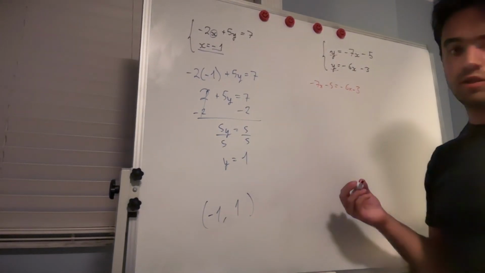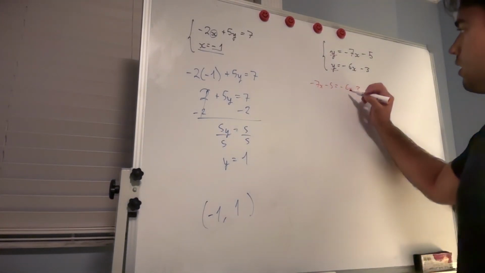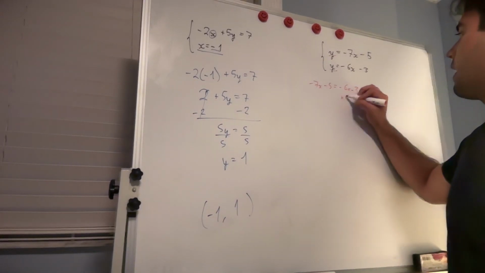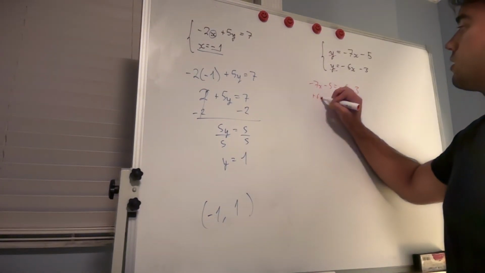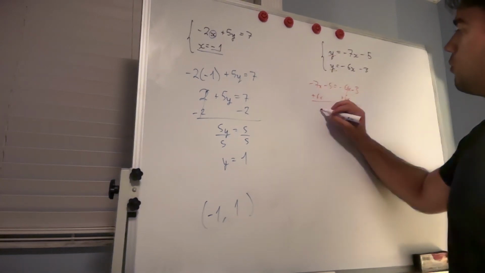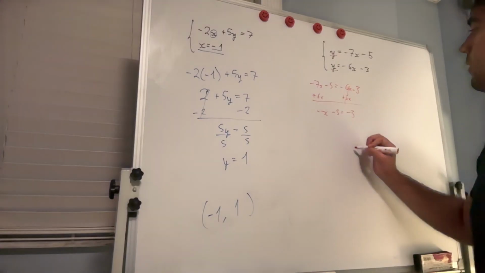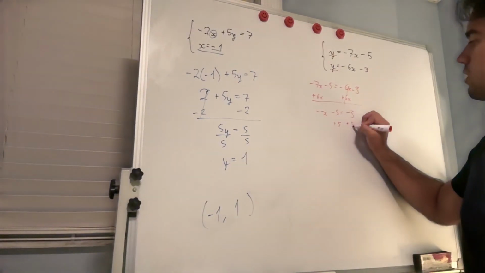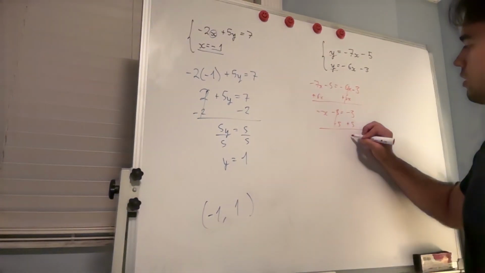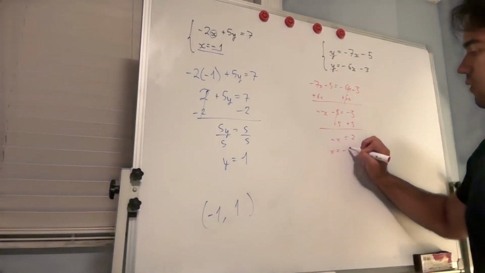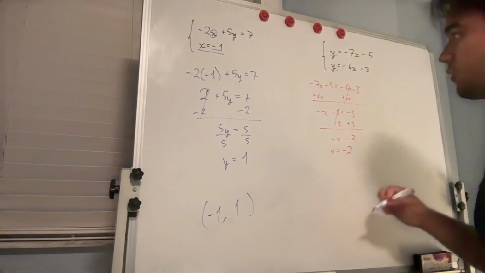And what I can do from here is start solving for x because there's no more y. So I'll add 6x on both sides, leaving me with -x minus 5 equals -3. I can add 5 on both sides, and then I'll have -x equals 2, or x equals -2.